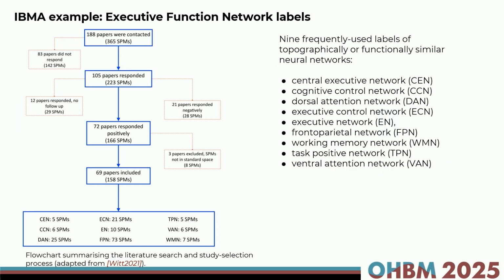And I will quickly talk about an example of running IBMA on executive function network labels. For this data set, we have 69 papers included, and we have 158 SPMs. And we classify the executive function network labels into the 9 frequently used labels of topographically or functionally similar networks.